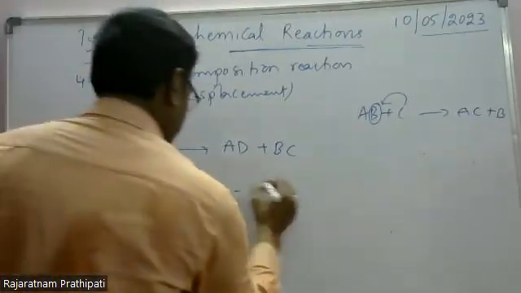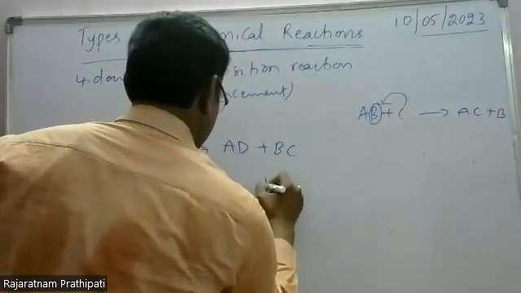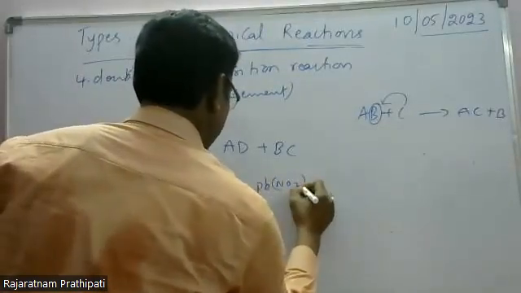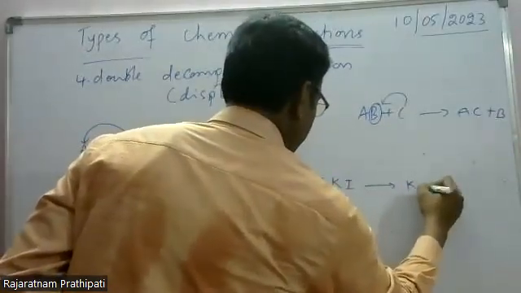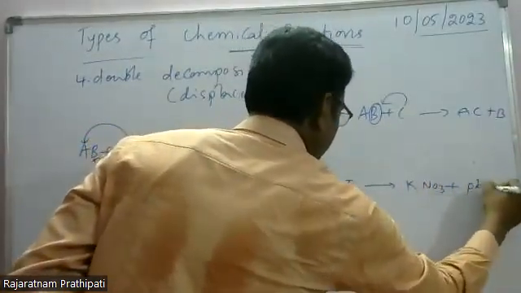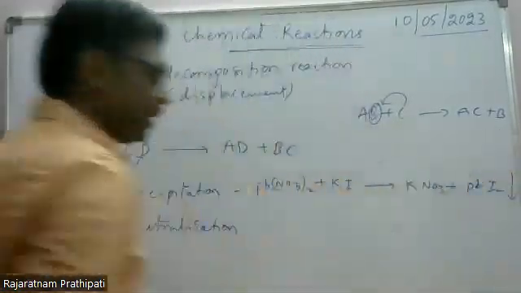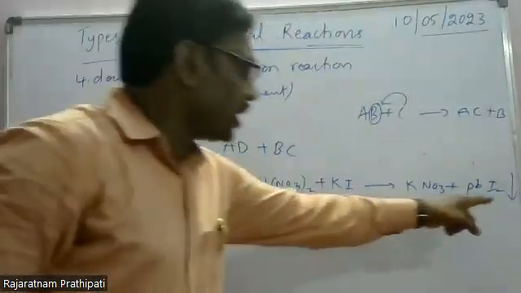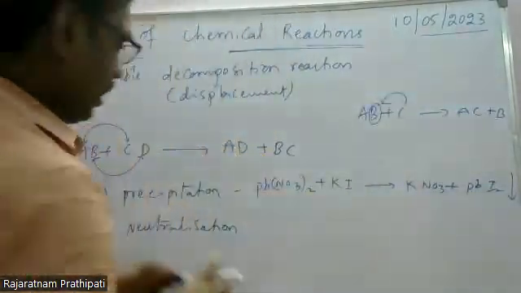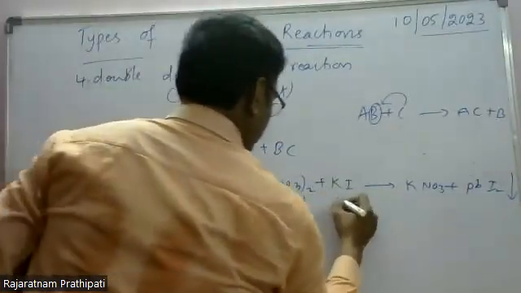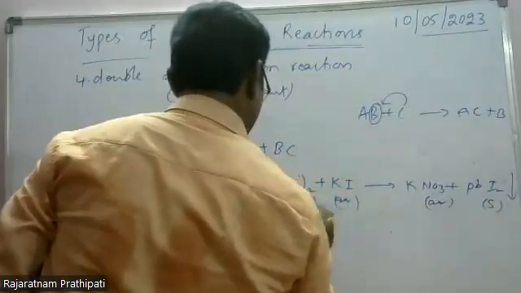Look at this precipitation reaction. Here, lead nitrate and potassium iodide give rise to potassium nitrate and lead iodide. This is the precipitate. Look at the representation: the downward arrow represents precipitate formation. Here this is an aqueous solution, this is an aqueous solution, this is an aqueous solution, and this is a solid.